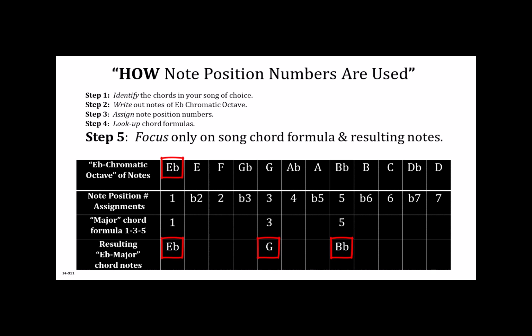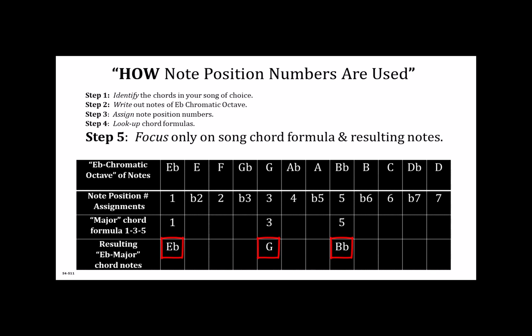So the note position 1 in this example is an E flat note. Then moving to the right, we see that the note position 3 is the G note, which is the second note of that chord. And then the 5th note position is a B flat. So basically, to make up an E flat major chord, we need the notes E flat, G, and B flat.